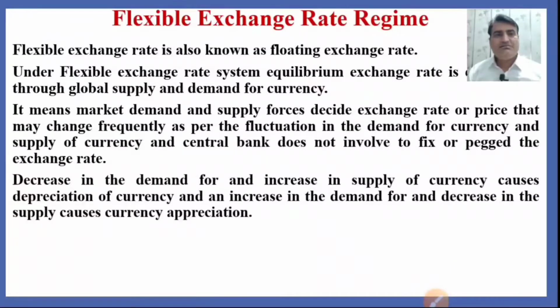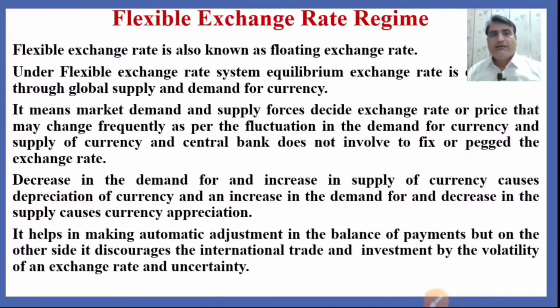A decrease in demand for and increase in supply of currency causes depreciation of currency, and an increase in demand for and decrease in supply causes currency appreciation. The flexible exchange rate system helps in making automatic adjustment in balance of payment, but on the other side, it discourages international trade and investment by volatility of exchange rate and uncertainty.